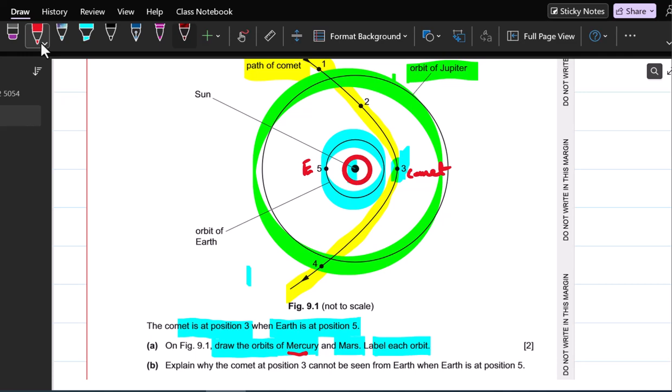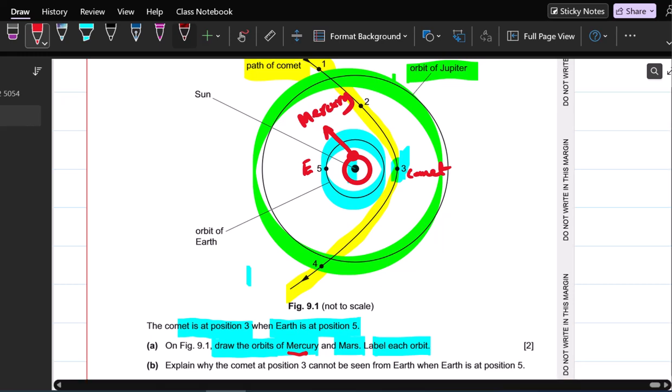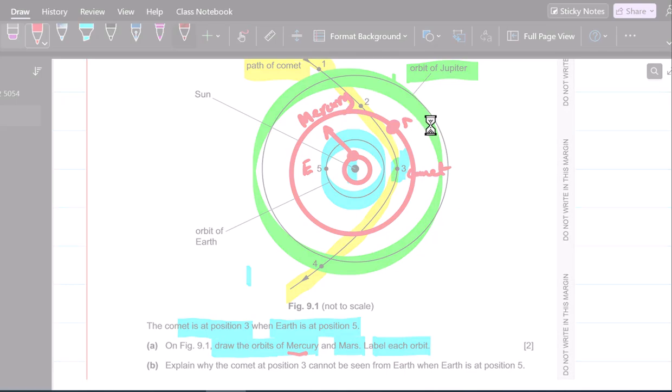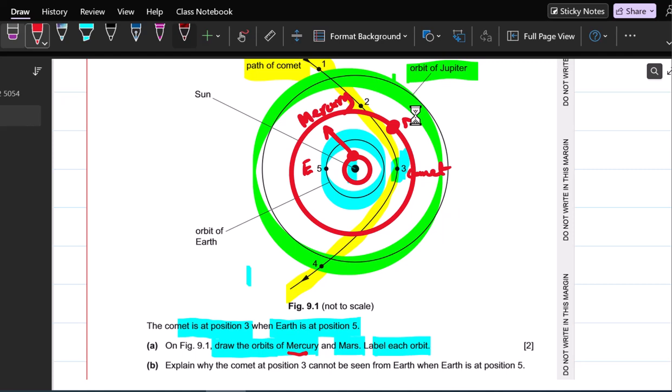So here it is Mercury, and I label it as Mercury. And then Mars is going to be between Earth and Jupiter, so it is going to be somewhere like here. Let me draw. Okay, it's fine. So here is Mars. Mars is between Earth and Jupiter.